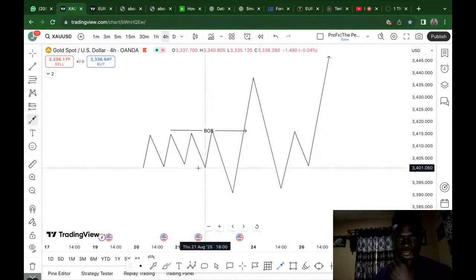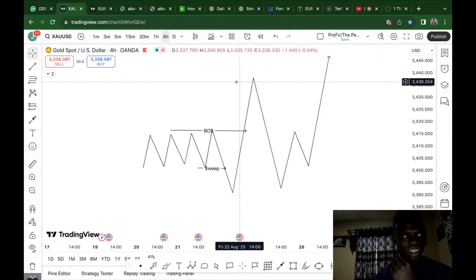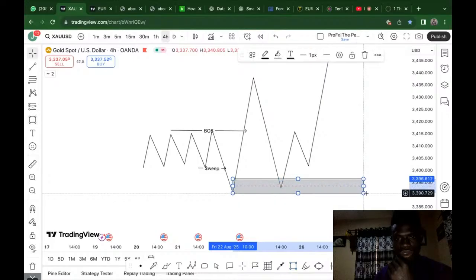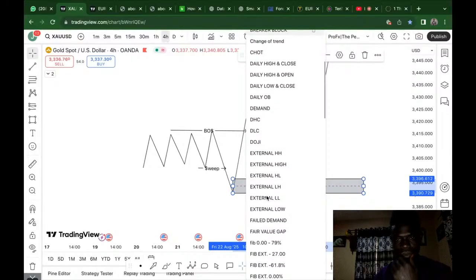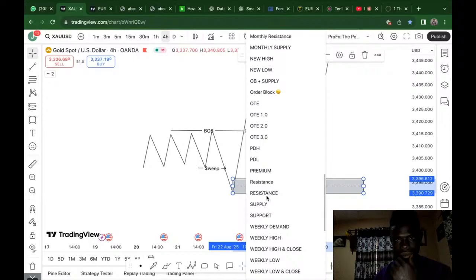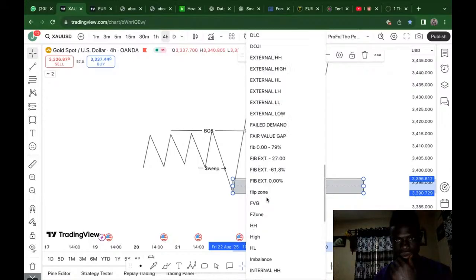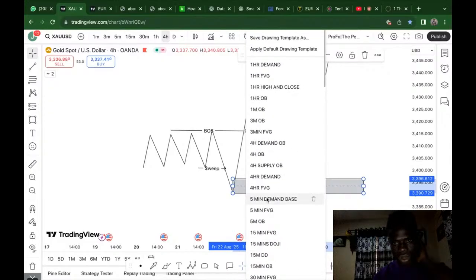There will usually be a sweep, then a break of structure, then price retraces back into the origin order block, takes out inducements internally, and retraces towards the order block, OB.